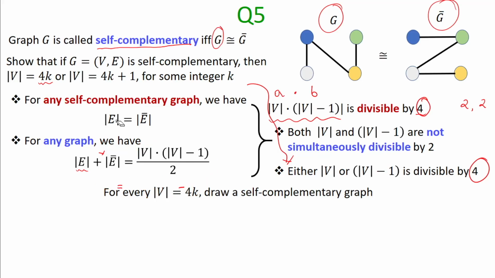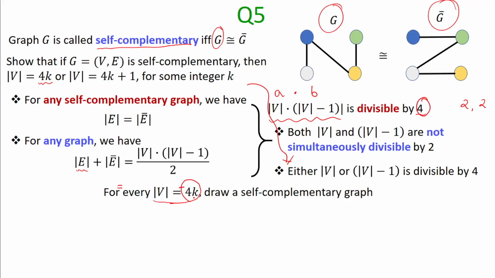right. Now, in the same question, we want to draw a self-complementary graph with a vertex set which has 4k number of nodes, right? So you are given a value k, which could be anything, k could be 1, 2, 3, 4. Given the value of k, you have to draw a self-complementary graph which has 4 times k number of nodes.